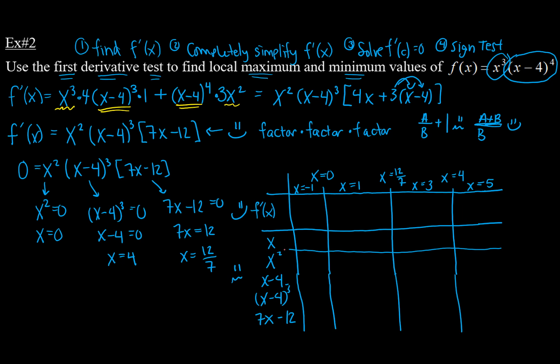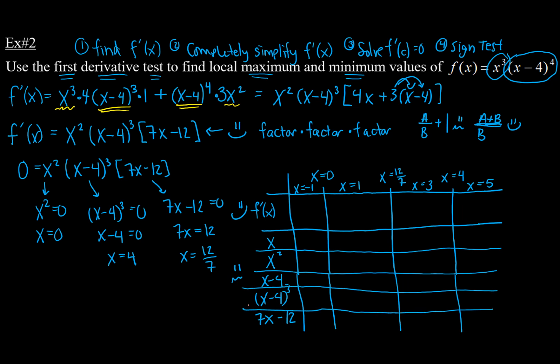I'm going to show all the individual ones first. But remember, you can just do the top row. This will give you some time to appreciate the easiness of the top row. So if I plug -1 into x, I get a negative number. Plug -1 into x squared, I get a positive number.